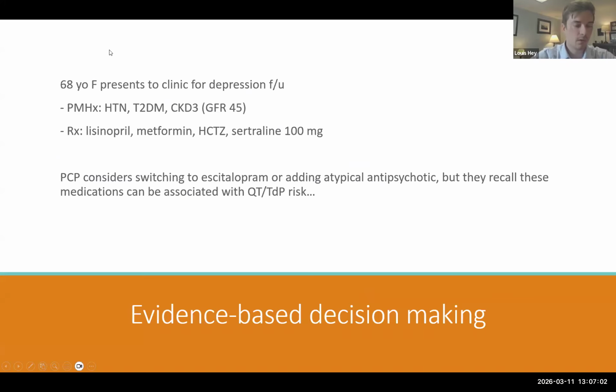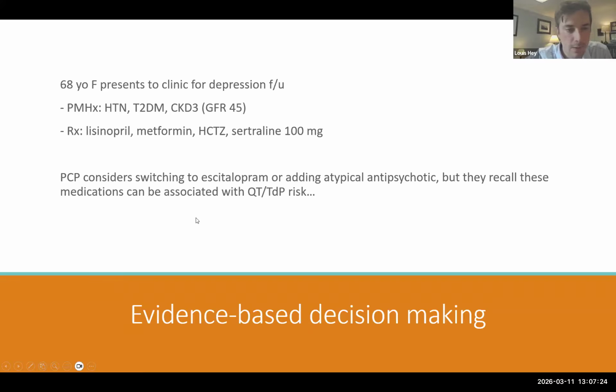So I thought we would go through a case study briefly here. This is a patient that I picked that I thought would represent a common scenario that a primary care physician would find themselves in. A 68-year-old female presents for depression follow-up.